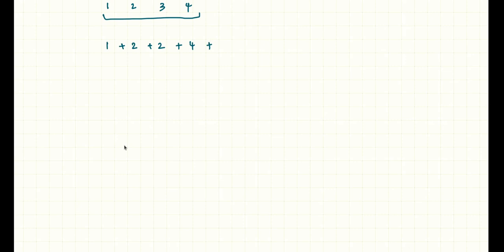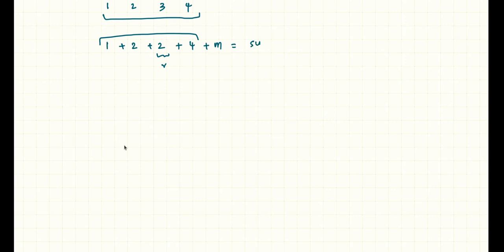I know this is the number which is repeating, so let me label it as r. And I know there is a number which is missing, so let me add that over here, m. So I know this is basically the sum of the original array.